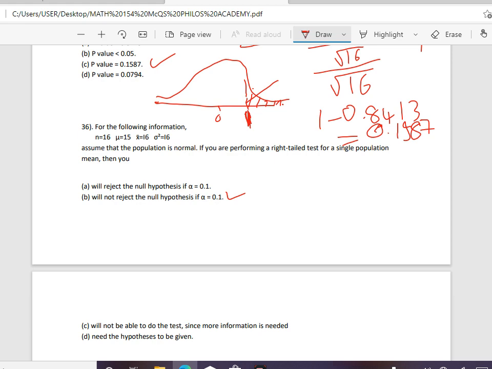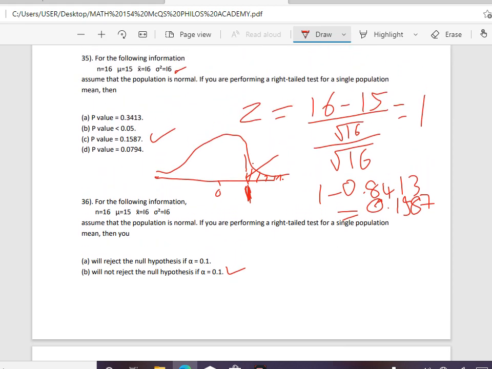Let's see. The first one is that let's say the level of significance is 0.1. What was the p-value? The p-value was 0.1587 and the significance is 0.1. How will you describe the relationship between them?